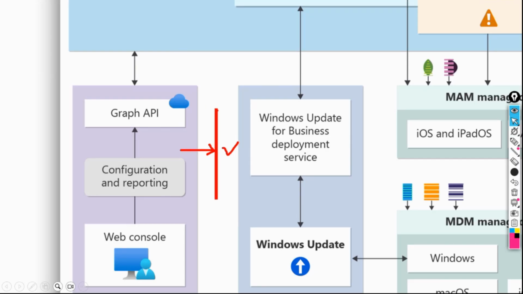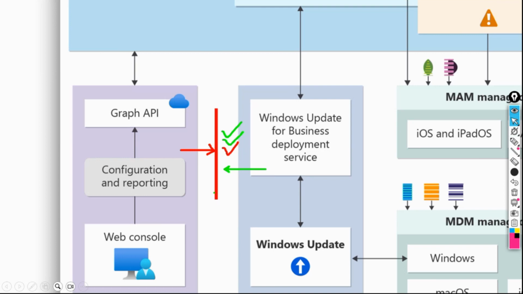If Graph API confirms that your information is correct and you're good to go, then it gives the green signal. Whatever information we are requesting, we need to go via Graph API only, and it helps identify that the data is validated, and then it returns the query. For example, if I am querying for a device, or for any compliance policy, or setting something new, it will go to Graph API.